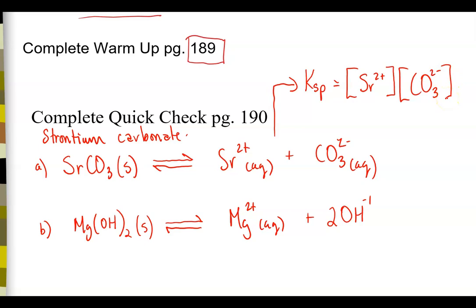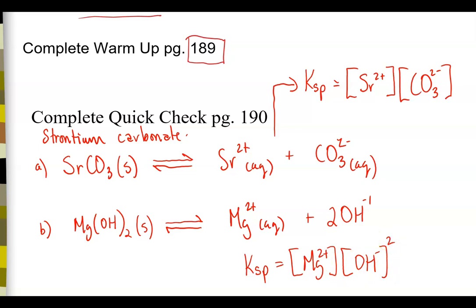And that's the Ksp expression for the first dissociation equilibrium. And for the second one, we would have the Ksp equal to the concentration of magnesium 2+ times the concentration of OH minus all squared.